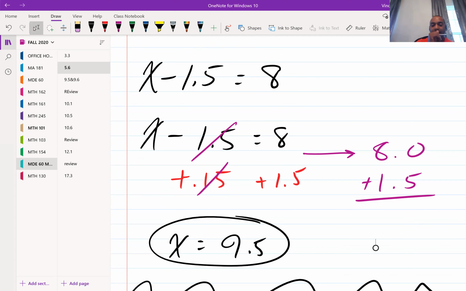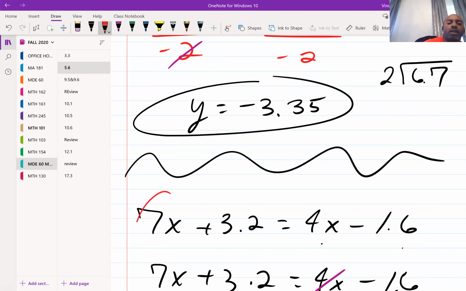All right. So next one, 7x plus 3.2 equal to 4x minus 1.6. So once again, we have an x on both sides of our equation. So your goal should be to get all of your terms with x to one side, all of your terms without x to the other.